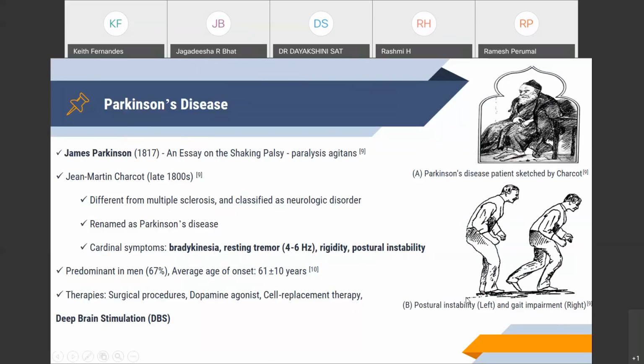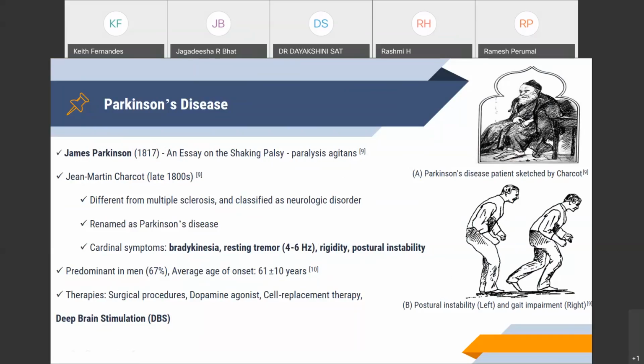This diagram depicts the symptoms of Parkinson's disease. It was drawn by Dr. Jean-Martin Charcot. Here it clearly shows how the Parkinson's disease patient finds it difficult to hold their posture, and their gait problem. Gait problem means they find it very difficult to manage their walking movements. It's also very important. And the available treatment options include surgical procedures.